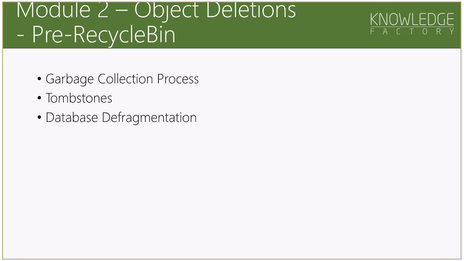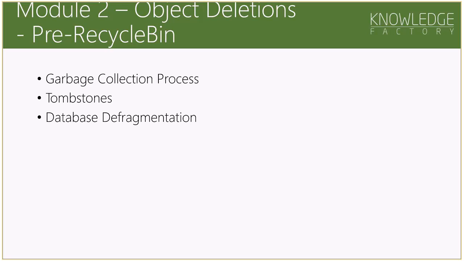So that means it removes 5,000 objects in one pass. Then it lets AD do other replication and other work that needs to be done. And when the CPU is available, it will continue to remove as many as it can until AD needs to do something else. And remember, this is pre-recycle bin.